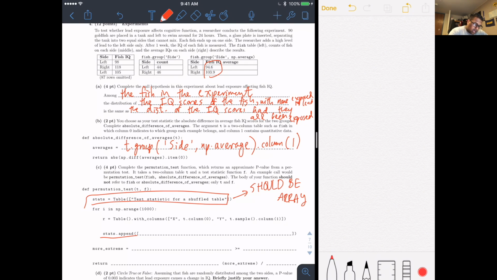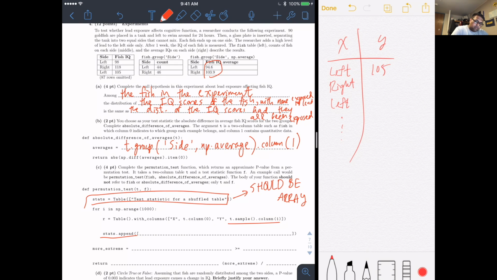But anyways, the table that they're creating, R, has X and Y. X will be the same, same column as the side column in our example, right? So it's left, right, left, and so on and so forth. But the Y values, since we're doing t.sample column 1, will be the fish IQ column, but just completely resampled, right? So shuffled in some different order.